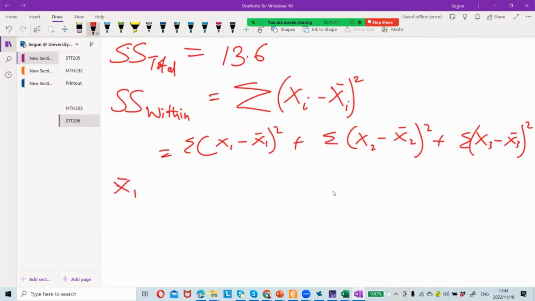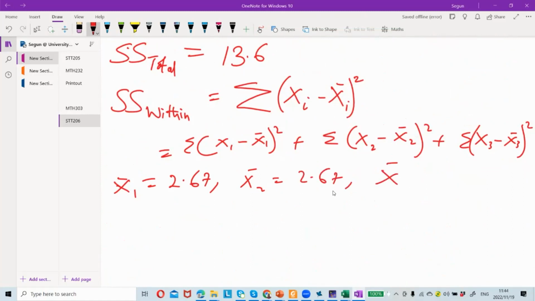So x bar 1 is 2.67, x bar 2 is also 2.67, then x bar 3 is what? 3.00.